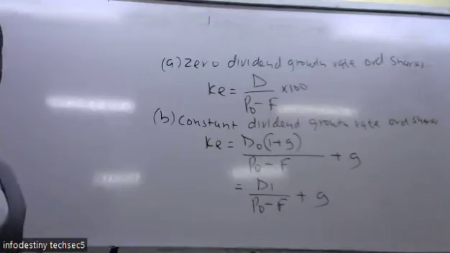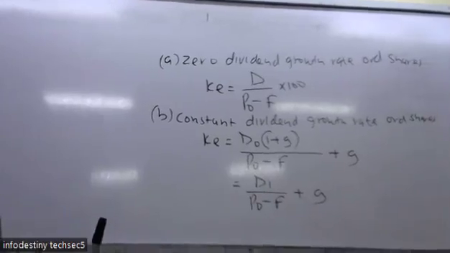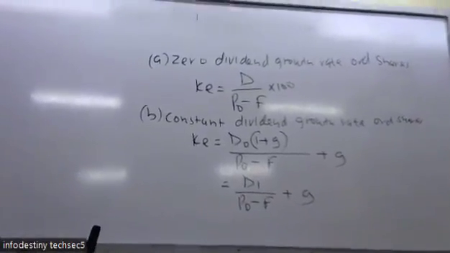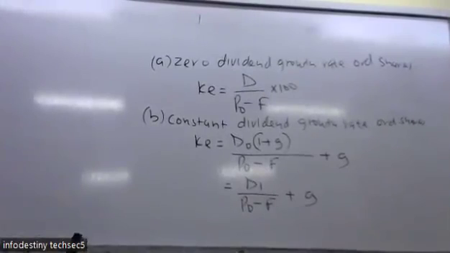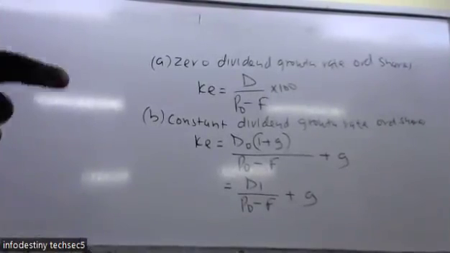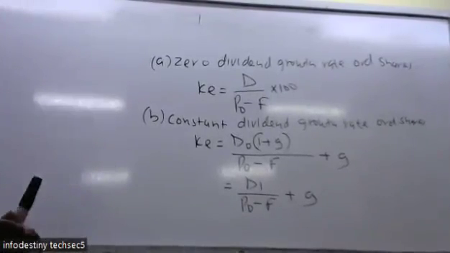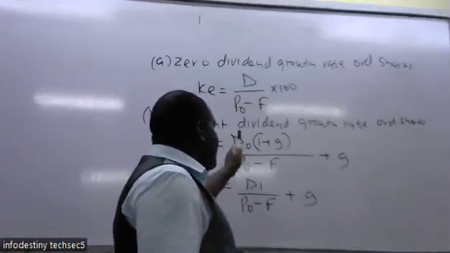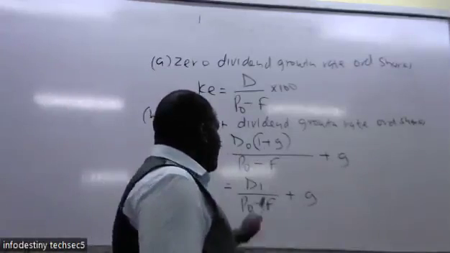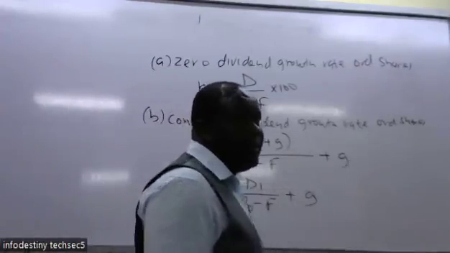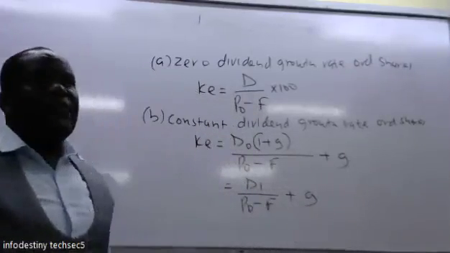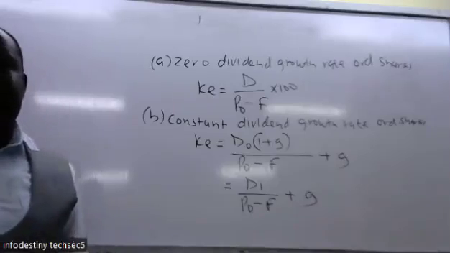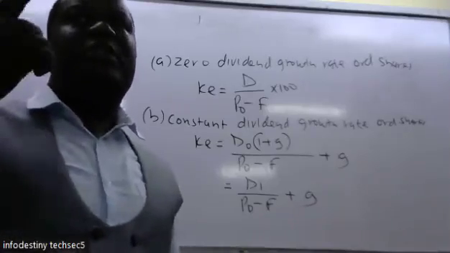D0 is the last dividend that was paid, and D1 will be the next dividend to be paid. So in some questions, they can give you either D1 or D0.